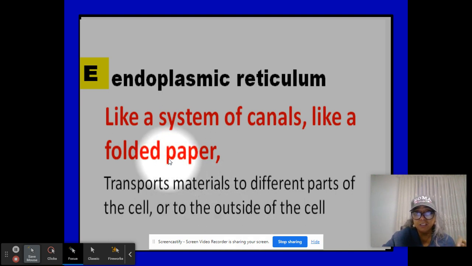So the analogy is that of a folded paper or a system of canals. You can even think of it as a transit bus, right? In a transit bus, you see people hopping on or off, but then they sit down and secure a spot inside the bus, and they ride the bus and stop where they should be stopping, right?